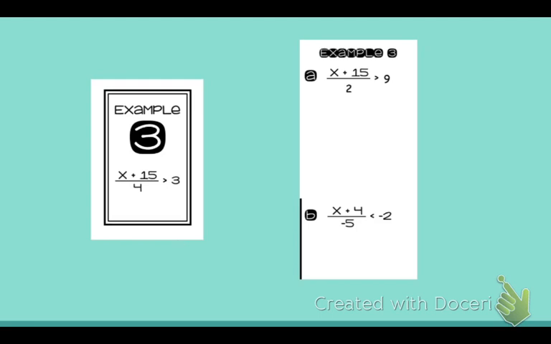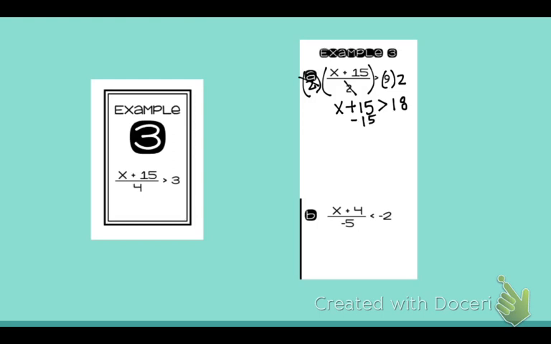All right, we're going to now take a look at example 3A. So open up the flap, example 3A on the inside. What are we going to do first? That's right, we're going to undo this dividing by 2 and times by 2, times by 2. I'm multiplying by positive 2, so those cancel. And I bring down my x plus 15, bring down my greater than, I get a positive 18.